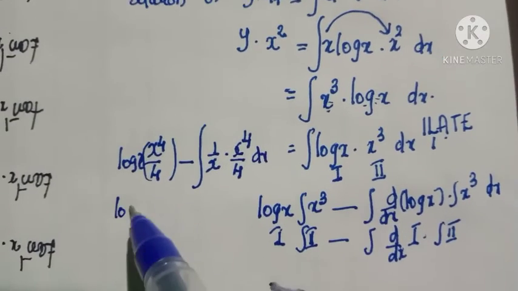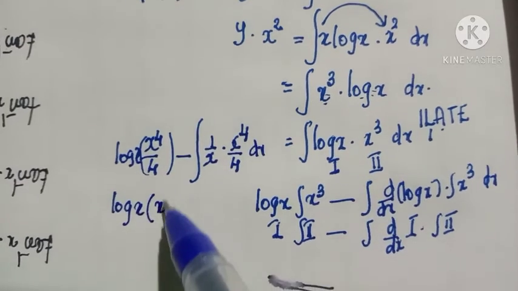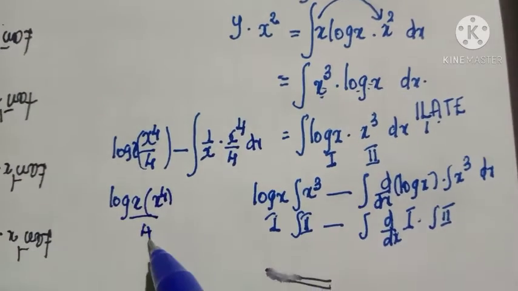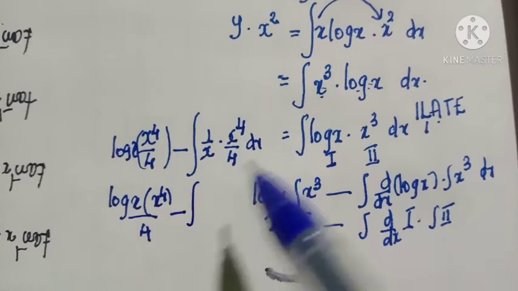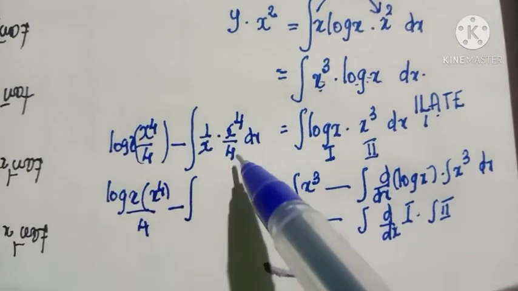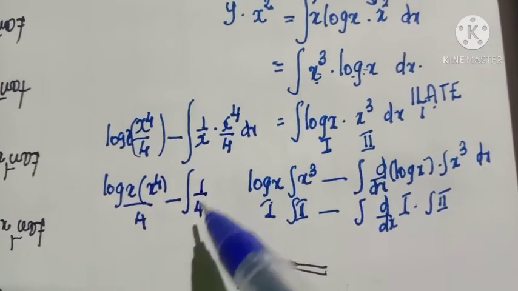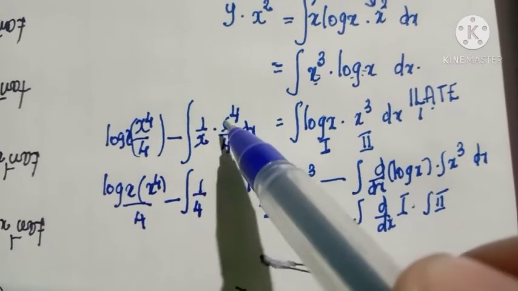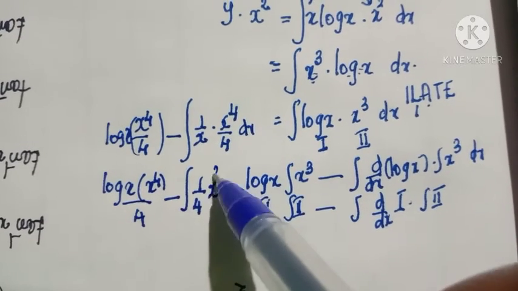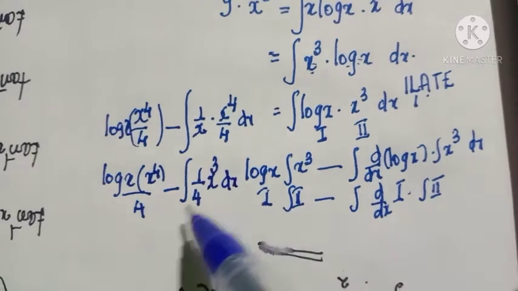So this is log x into x⁴ by 4, minus the integral of, here 1 by 4 is a constant, and x cancels with x⁴. So this is x³.